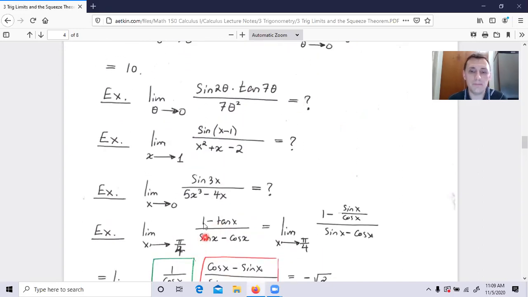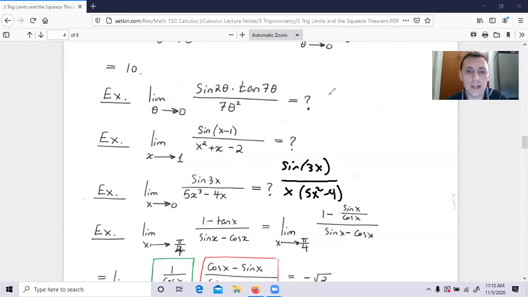Now what about this one? Sine of 3x divided by 5x cubed minus 4. Well, I can clearly factor out an x. So I can think of it as sine of 3x divided by x, and here I have 5x squared minus 4.